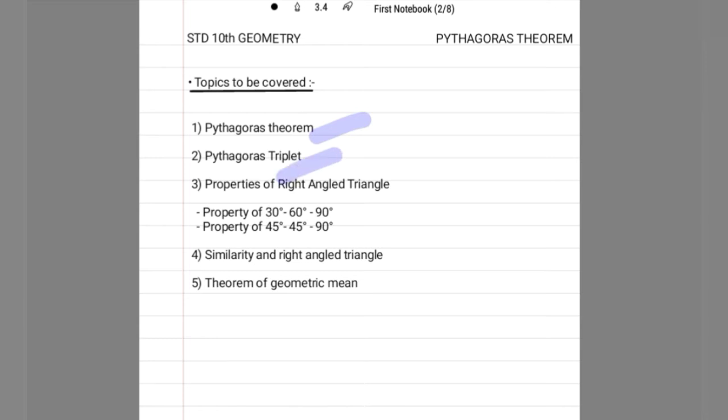Third is the properties of right angle triangle, in which I will cover the property of 30 60 90 and the property of 45 45 90. Next is the similarity and right angle triangle, and the last topic is the theorem of geometric mean. Now there are more topics in this lesson, but in this video I am going to cover up to these topics only. So in the next video I will cover the remaining topics. So let's see these topics one by one.